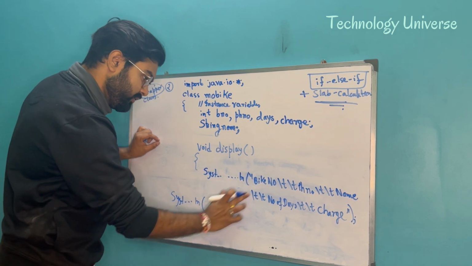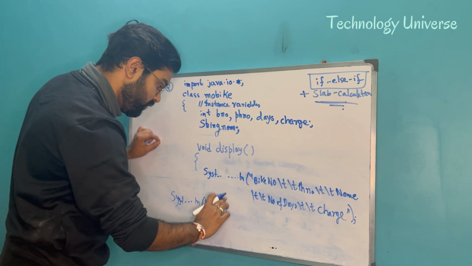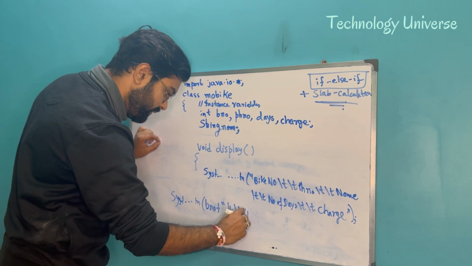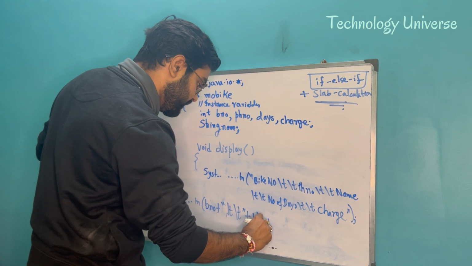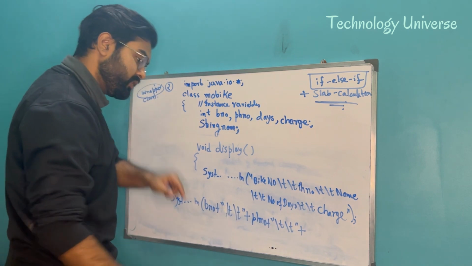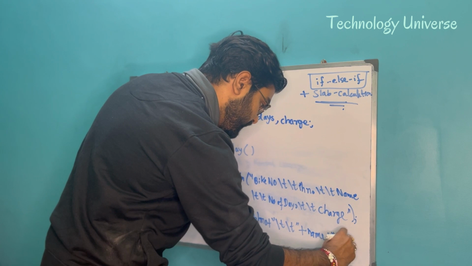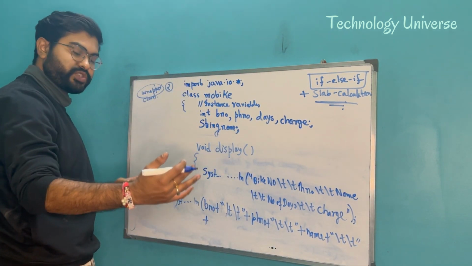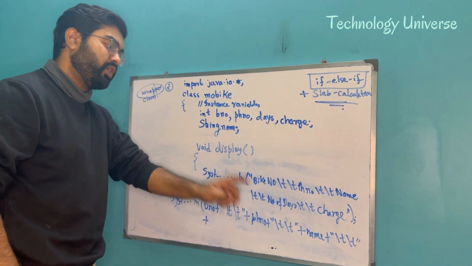The first one is the bike number, so the variable name is bNumber, plus we have to give equal space that we have here, \t, plus after bNumber we have the phone number, so we have to print the phone number variable, \t, plus after phone number we have the name, so we have to concatenate the name variable. We are using this plus operator, which is a concatenation operator. So in println we have to give a full string that we are creating with the help of the concatenation operator.